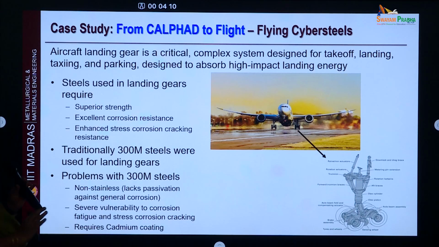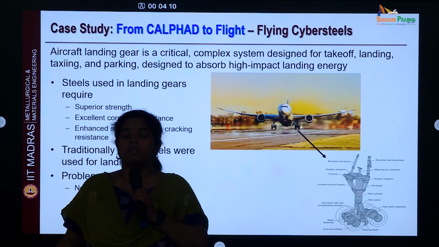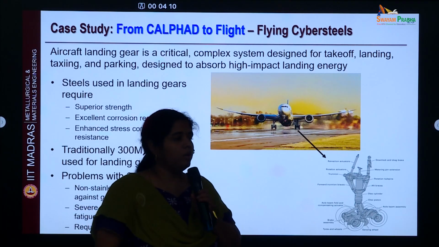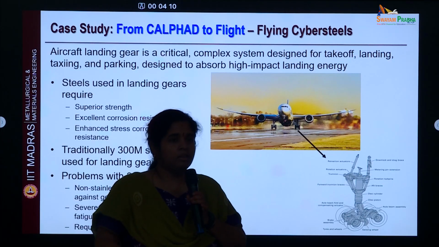For the steels used in landing gears, we require certain properties. What are they? Superior strength, corrosion resistance, and a new property called stress corrosion cracking. So what is typically corrosion? I keep a piece of iron here. Maybe I put it in water. What happens? It rusts.